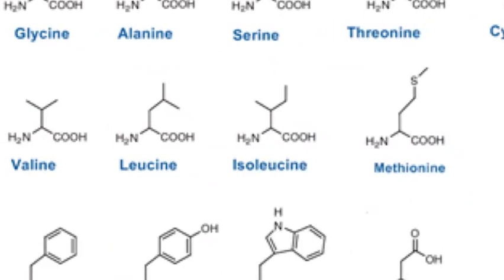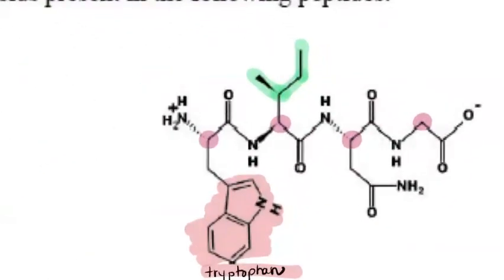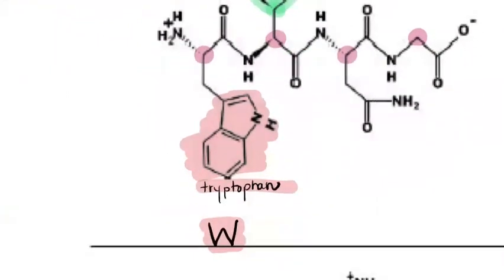Which one is it, leucine or isoleucine? Remember, a CH bonded to CH3 on one side, and to the other side, CH2, CH3. So is it leucine or isoleucine? Great. It's isoleucine. So this is isoleucine. And the one letter code for isoleucine is I.